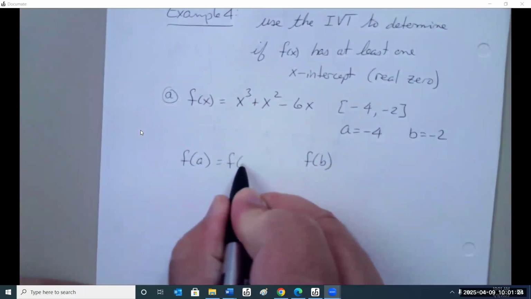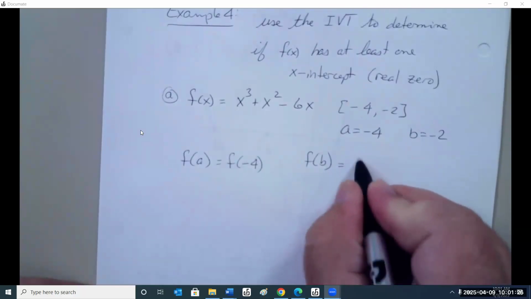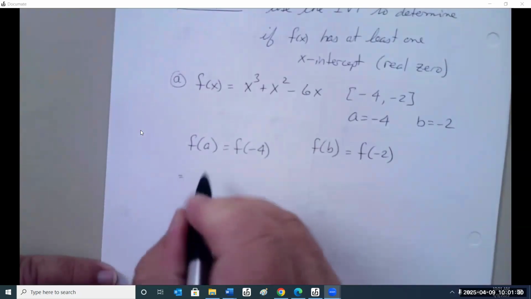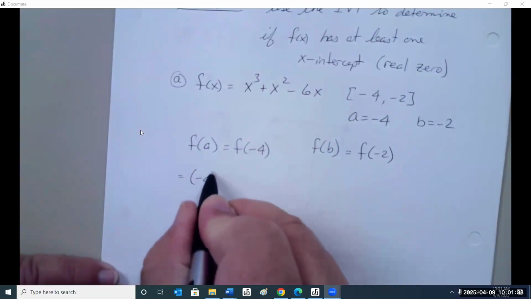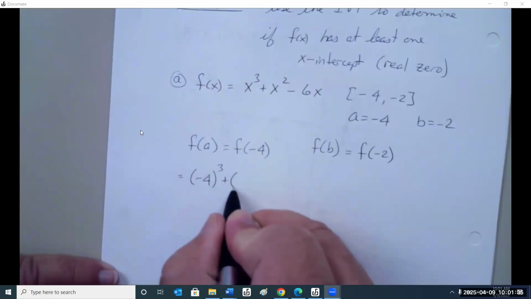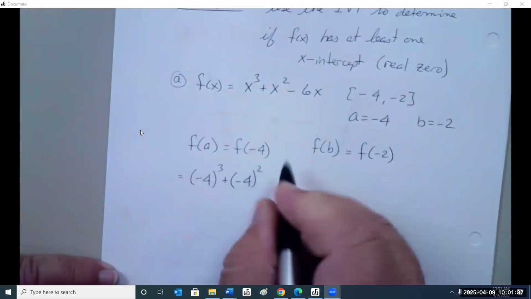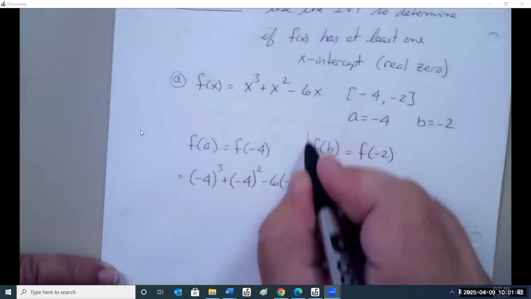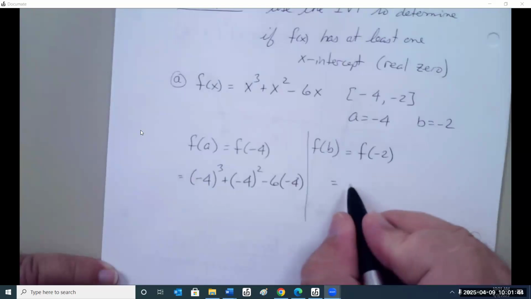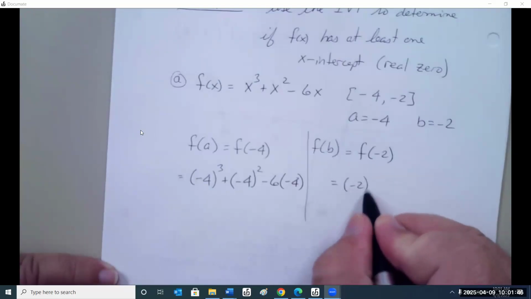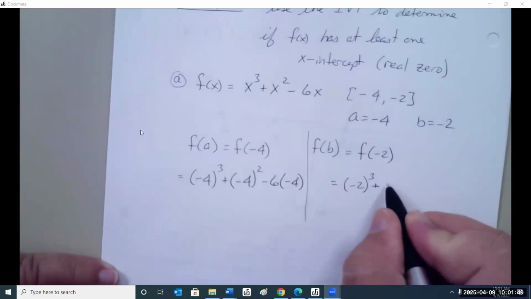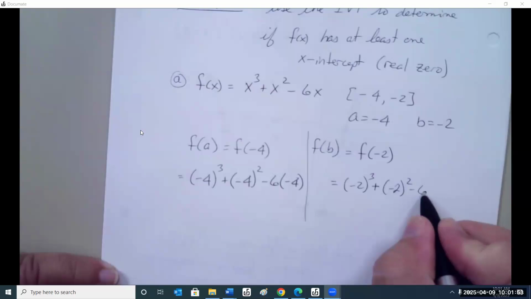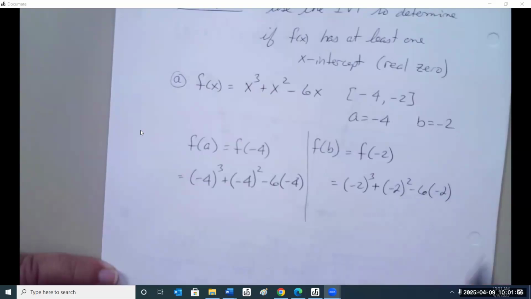So this is f of -4, and this is f of -2. -4 cubed plus -4 squared minus 6 times -4. -2 cubed plus -2 squared minus 6 times -2.